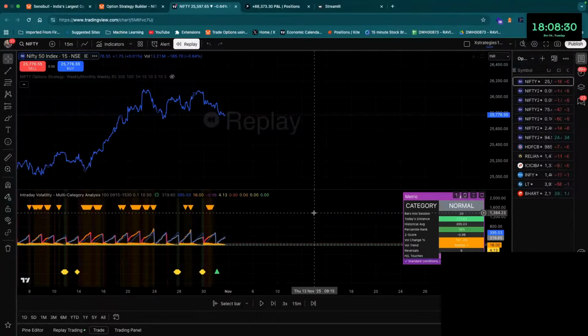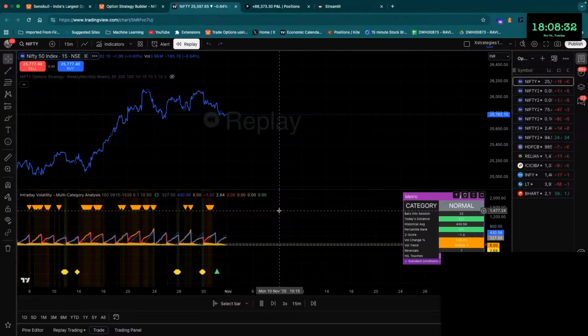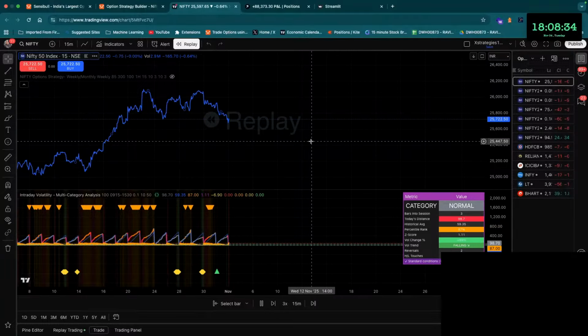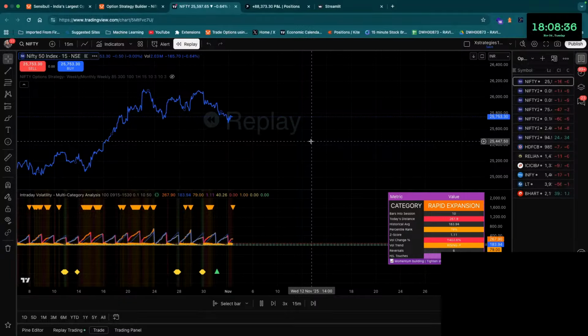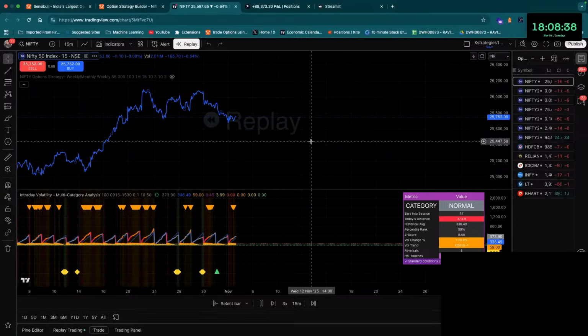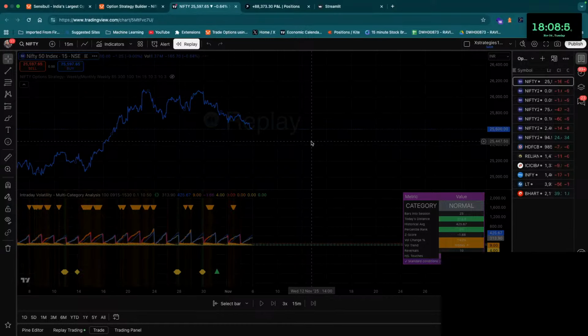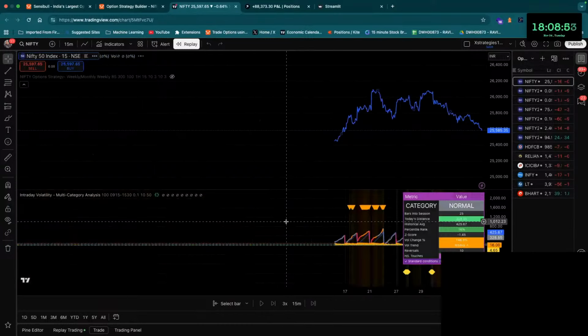The reason is that whenever there is manipulation, it usually happens in the short time frame. Within 5 minutes or 3 minutes, people will pump up the market, make money in the options, and then exit. They would not wait for 15 minutes or 1 hour. So if you look at 15 minutes, you will see it's pretty stable.